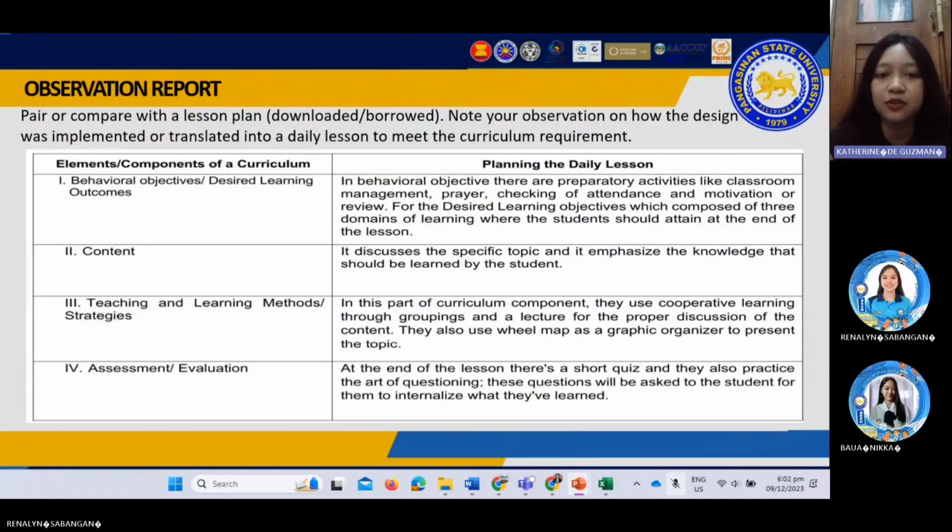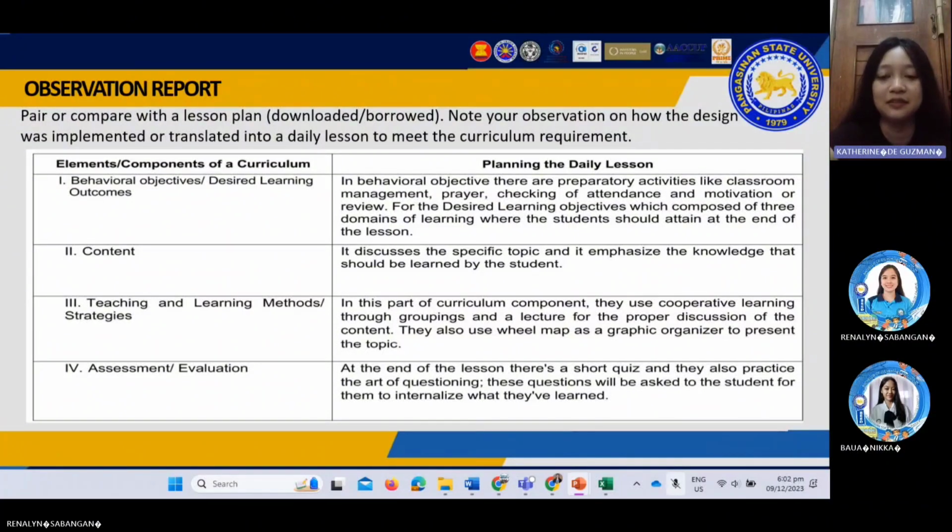Number one is the behavioral objectives or desired learning outcomes. In the behavioral objective, there are preparatory activities like classroom management, prayer, checking of attendance, and motivation, or the review. The desired learning objectives compose of three domains of learning which the students should attain at the end of the lesson.